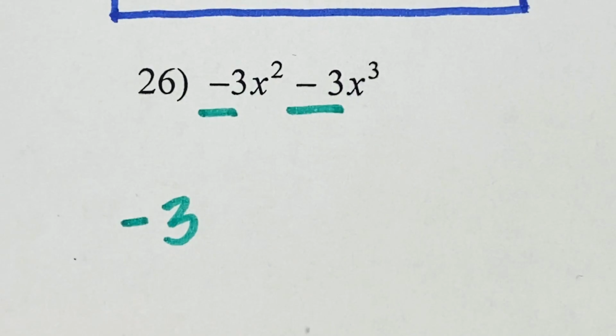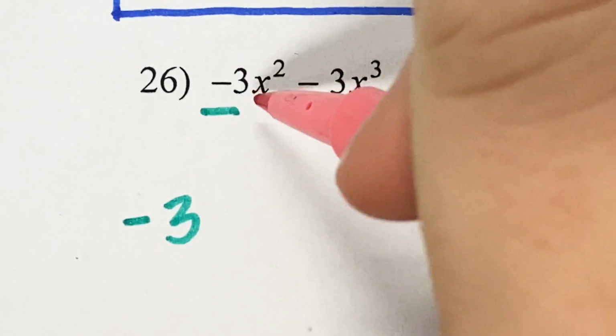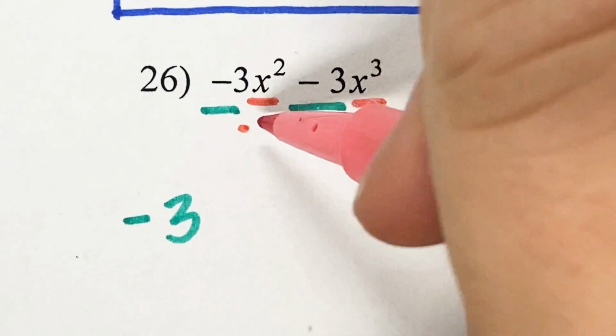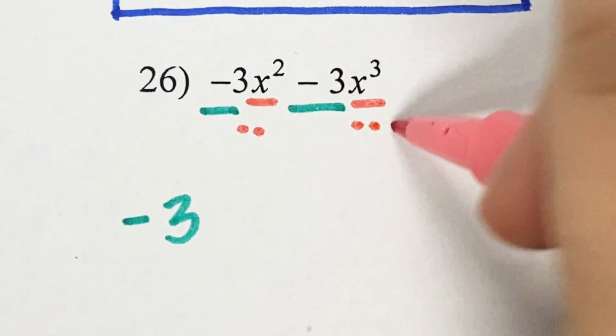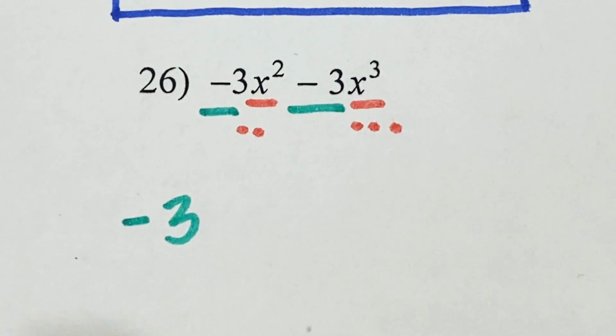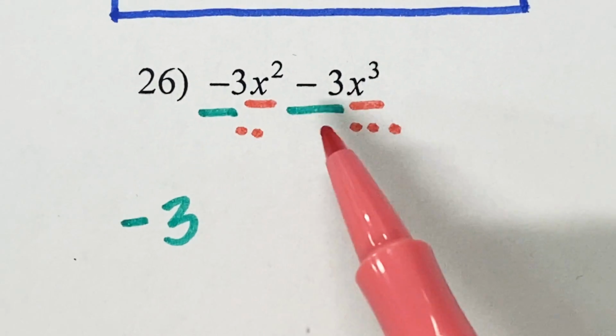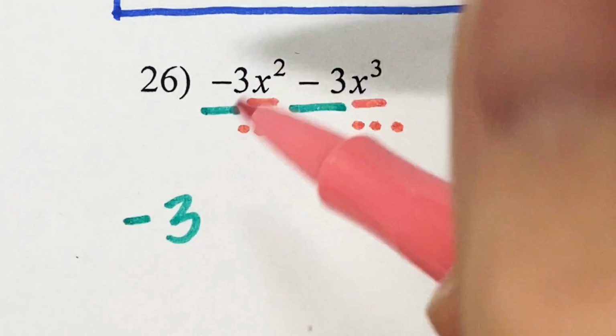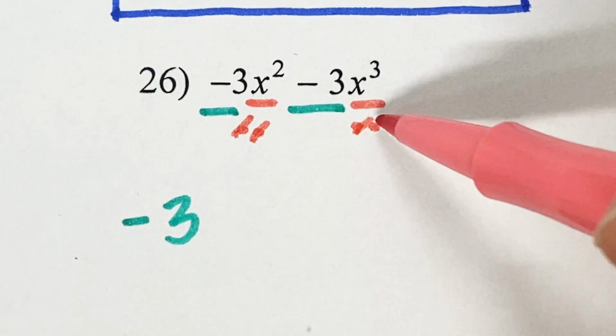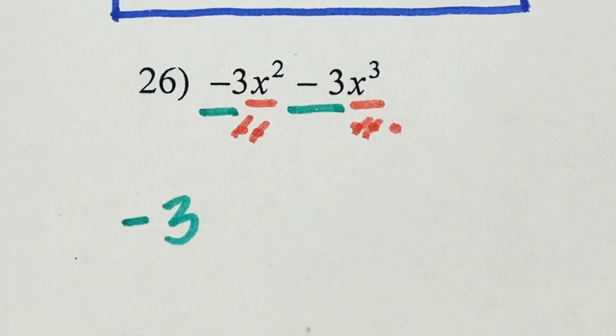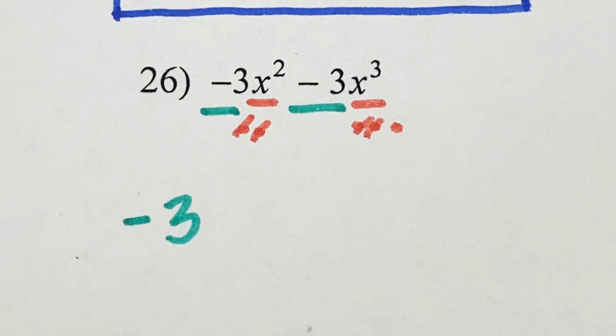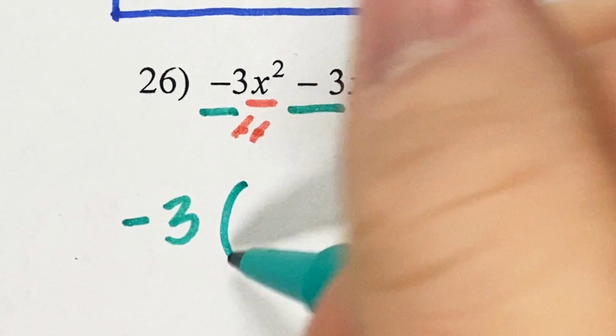Well now let's look at our variables. So I have 2 here, x squared, and I have 1, 2, 3 here. How many do they both at least have? How many can we factor out? 2. Nice job. So when we factored all this out, let's figure out what was left over.